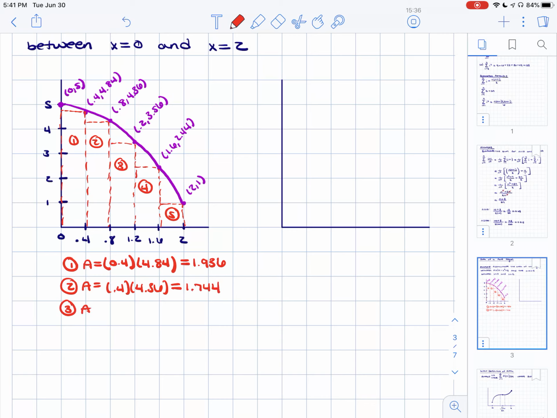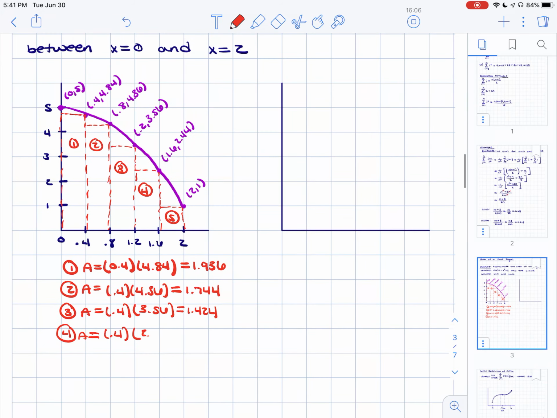Third rectangle, we again have 0.4, and the height of that rectangle is 3.56. That gives us an area of 1.424. Fourth rectangle, again 0.4 on the bottom, and this one has a height of 2.44 for an area of 0.976.